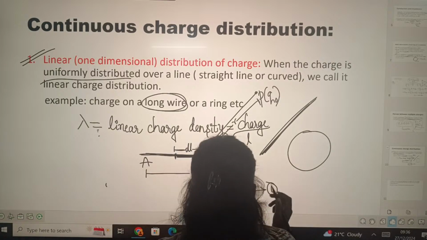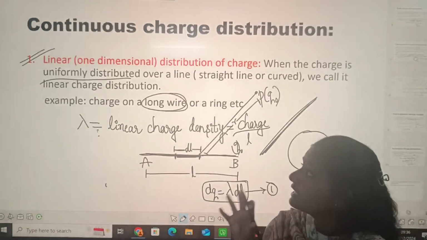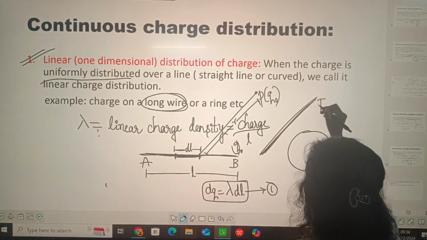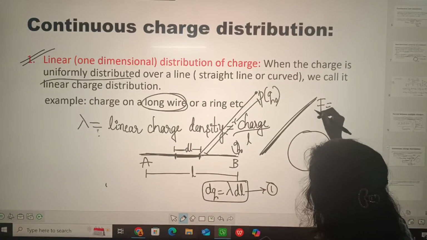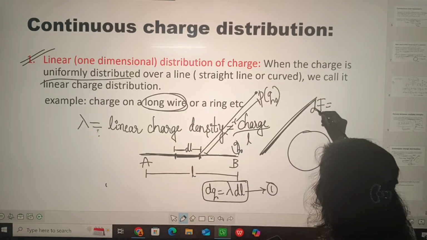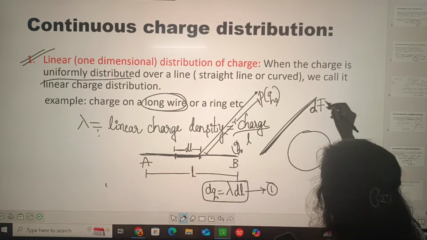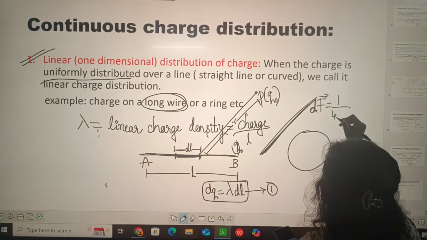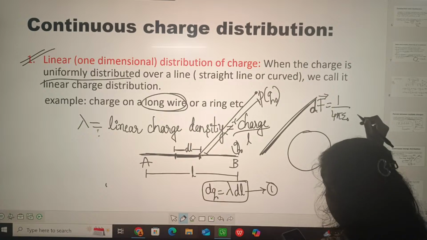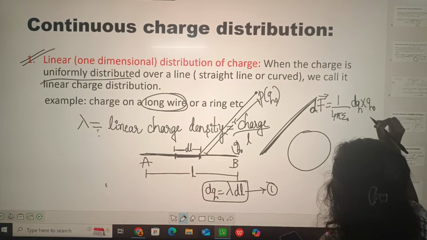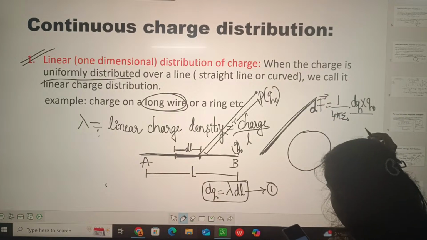Then the electrostatic force in a one dimensional distribution, since we have taken a small length, will also be written in the small form. dF bar in the vector formation can be written as 1 by 4 pi epsilon naught, the charge of a small length dq into the charge placed at point P, q naught, divided by r square.